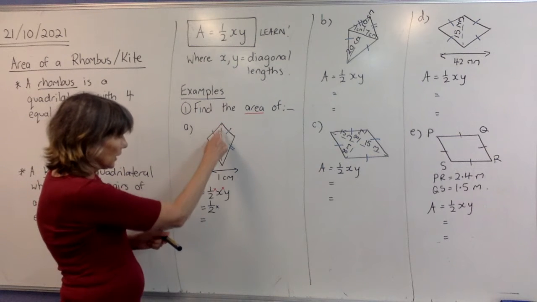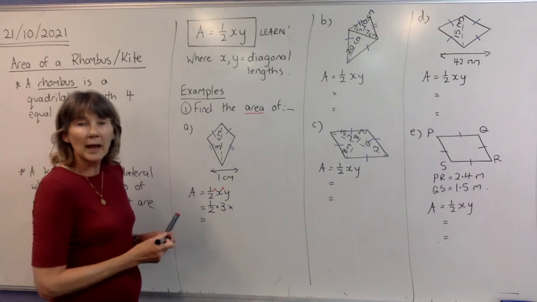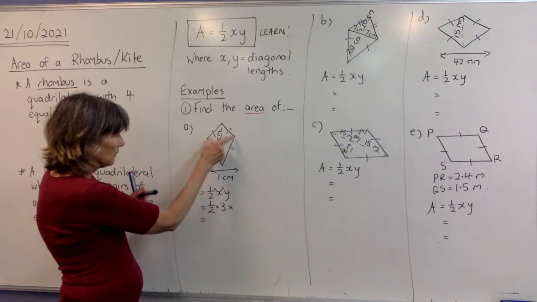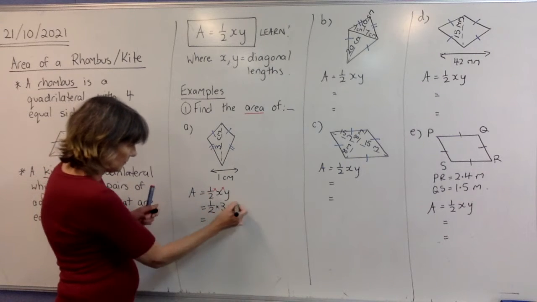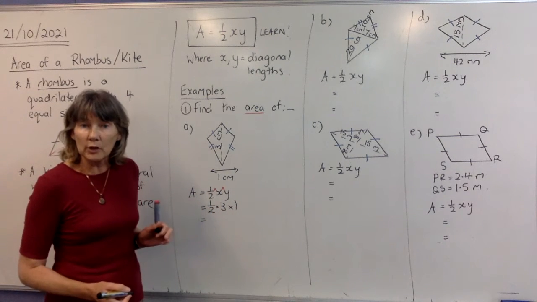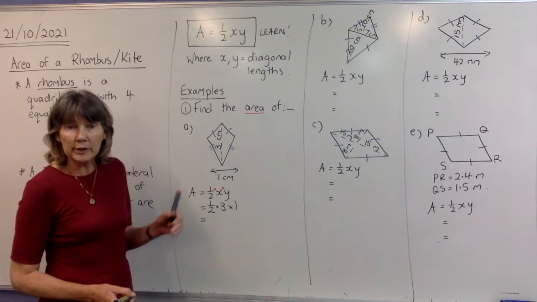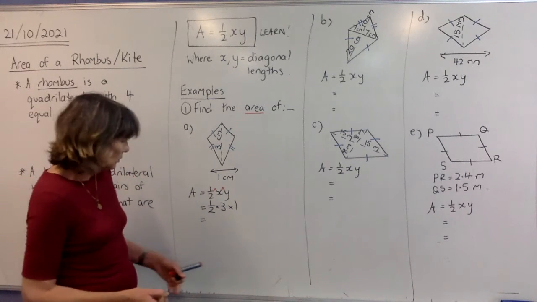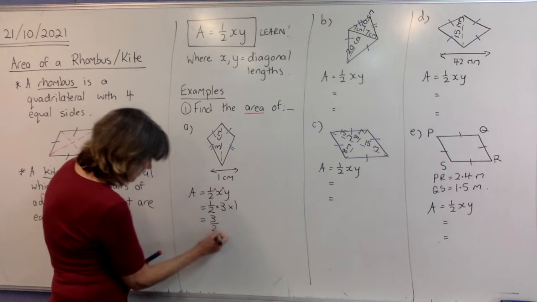Well, here's one of the diagonals, and it's 3, times the other diagonal, which they've shown you down the bottom here. So the other one is 1. Now you just need to type that in your calculator left to right. Just do a half times 3 times 1, press equals, and your calculator will come up with this.